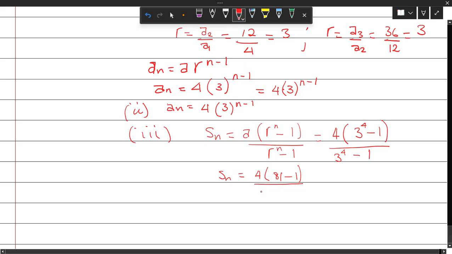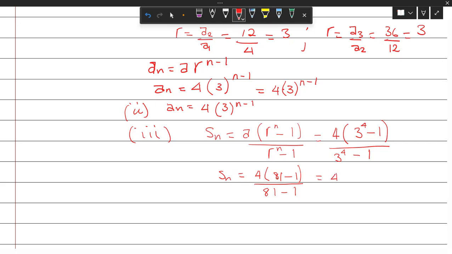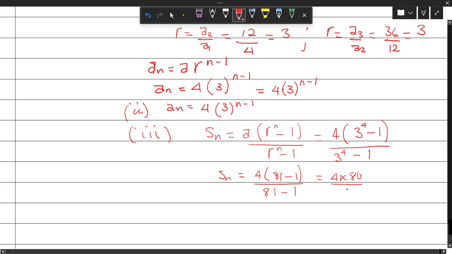In the brackets, 81 minus 1 will be 80, divided by 3 minus 1.